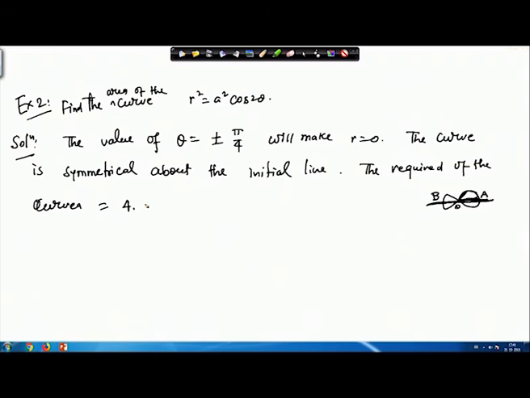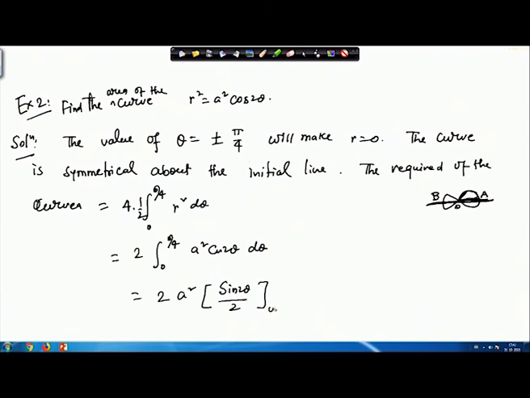So, 4 times integral from 0 to pi by 4 of r square d theta, and then here we will have 1 by 2. So, this is basically 2 times integral from 0 to pi by 4, where r square is a square cos 2 theta d theta, and then this one is 2 times, if we integrate, a square and then sin 2 theta by 2, from 0 to pi by 4, and then this will be 2 a square sin pi by 2 by 2.